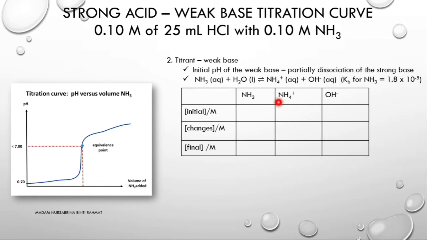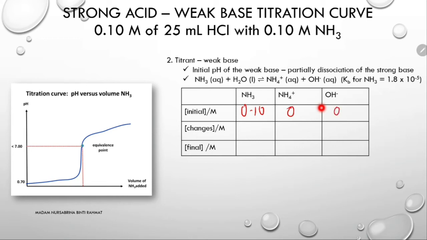Let's do this. The dissociation of my ammonia will produce NH4+, which is the conjugate acid, with OH-. Initially I have 0.10 molar of ammonia, so my ammonium ion is 0 and hydroxide ion is 0.